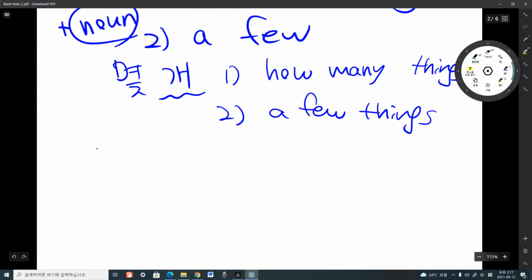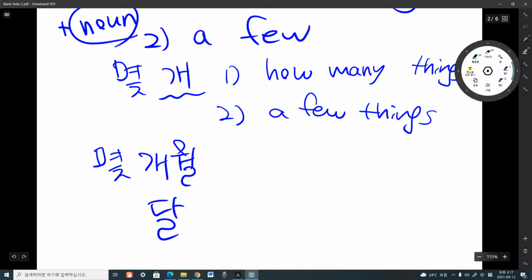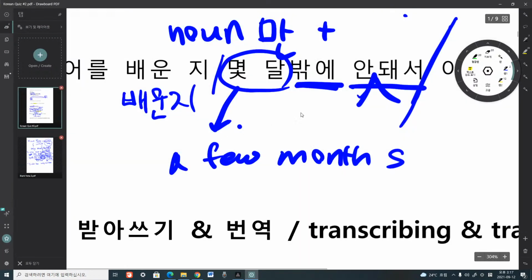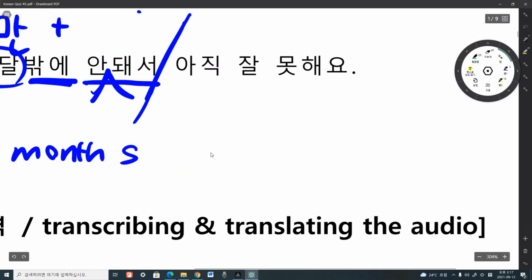So if you say 몇 개월, or 몇 달, this would mean how many months, first of all, or it could mean a few months. So 몇 달밖에 안 돼서 it's only been a few months. 아직 잘 못해요. I'm not that good.